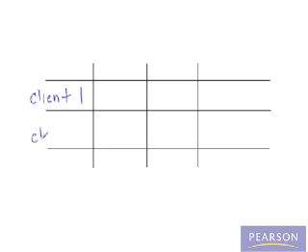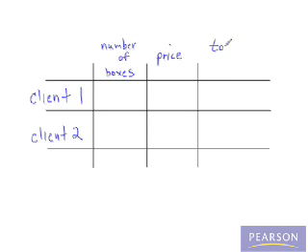And let's label our columns: number of boxes, second column we'll call price per box, and final column let's call total amount of sale.